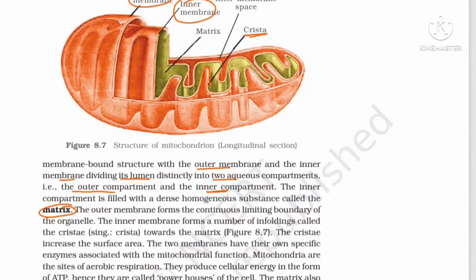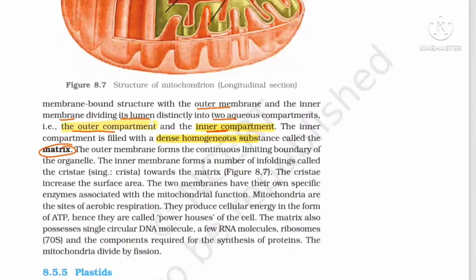And this is your intermembrane space, also known as outer compartment, and the matrix is known as inner compartment. The matrix is a dense homogeneous substance. The outer membrane is continuous, but the inner membrane is thrown into finger-like projections known as cristae.